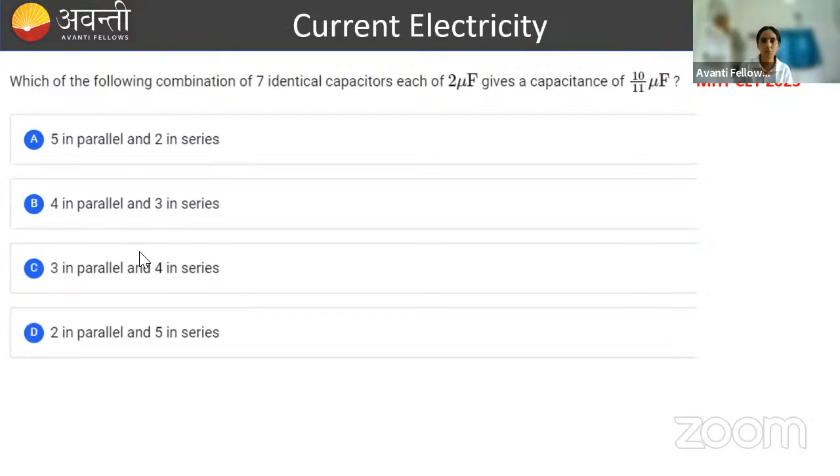Now do this question. Let me know. Very simple question. You only need to do the series and parallel thing. Let me know what you are getting, everyone. Great. 16 of you answered the previous question.